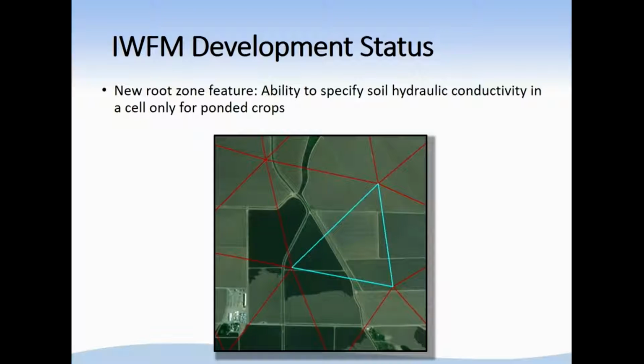So to avoid that, what we now are allowing the user is to specify a hydraulic conductivity to override the entire cell hydraulic conductivity, but just for the ponded area. So this way, we don't have to worry about pseudo crops that basically represent partial cells that have partial rice.